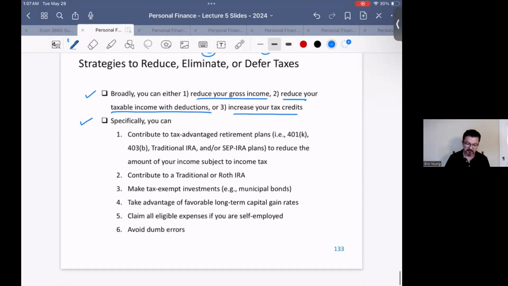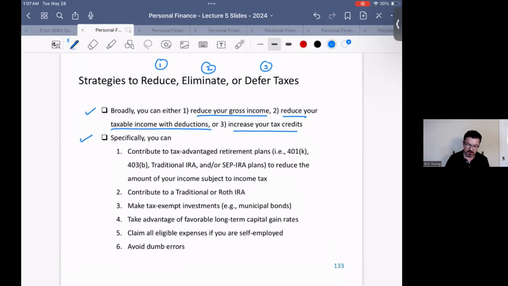Specifically, that manifests in these strategies. You can contribute money to retirement plans. This is a huge move, a boss move, and I'll show it to you when we do John Doe. But if you contribute money to a tax advantage retirement plan, you actually will reduce your taxable income down.